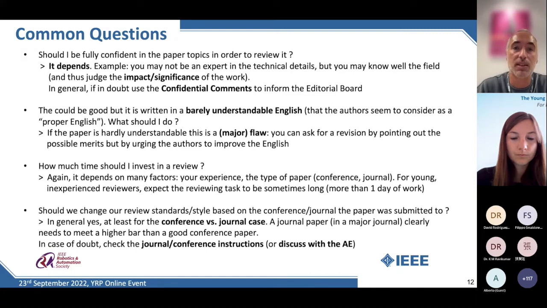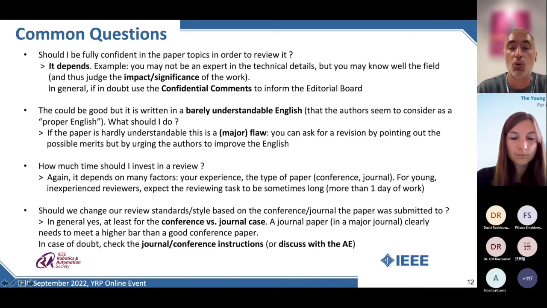You may not be a specialist in this mathematical formalism, for example, but you may know the field of SLAM well. So in this case, I think it is fair for you to accept to review the paper, because you may not judge the technical part, but you can judge whether the paper is bringing a contribution to the community or not.